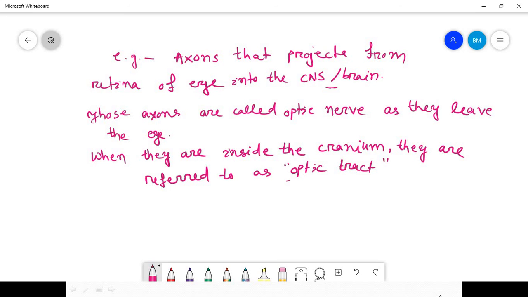The axons present in the brain are called tract, and the axons that leave the eye are called optic nerve.